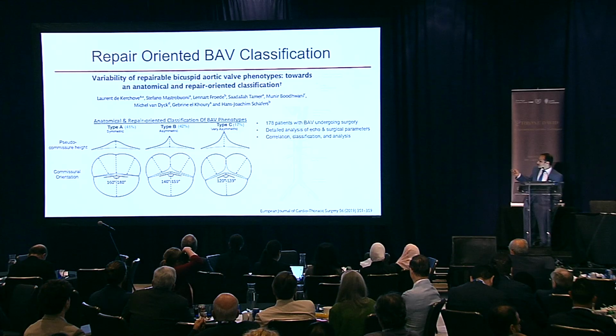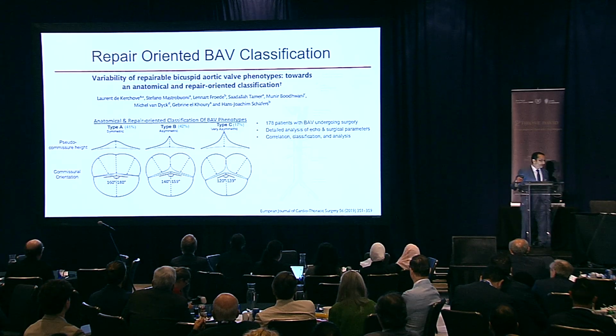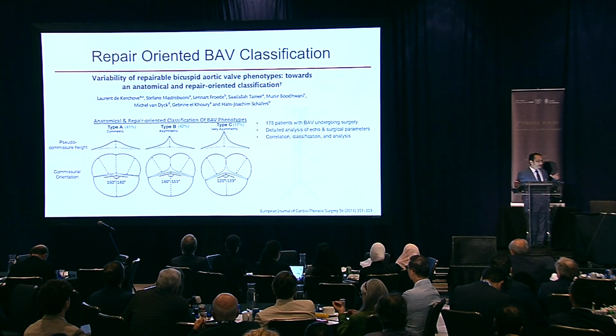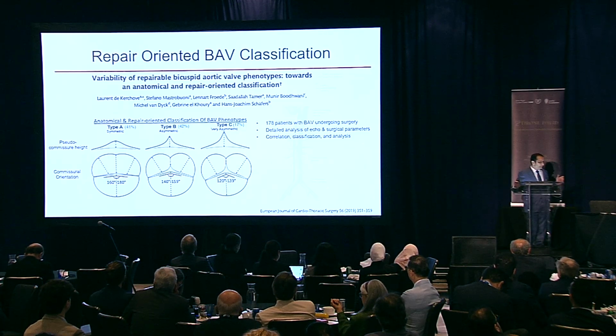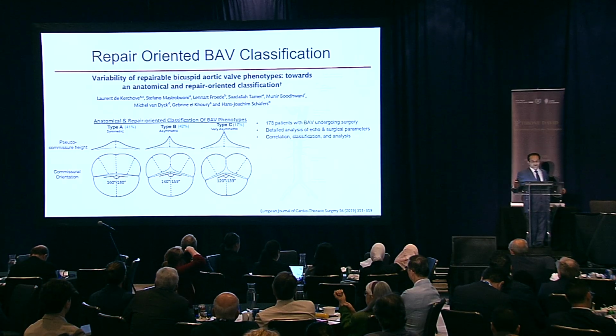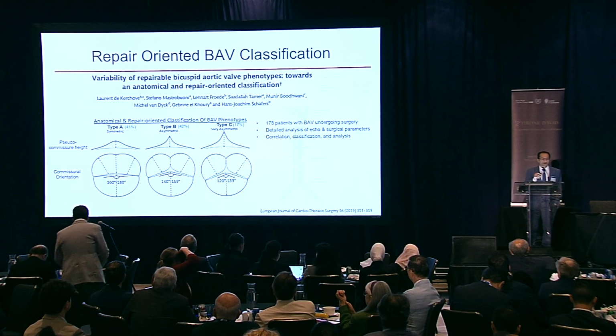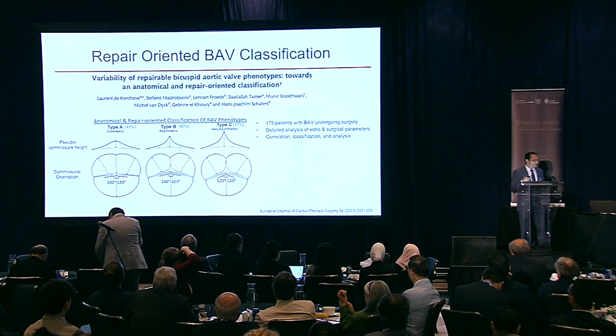Many years later, Laurent published this paper. It's a multi-center series where we were able to characterize the relationship of bicuspid aortic valve commissure orientation with other parameters of bicuspid aortic valve. I think it's important to understand this to determine what type of bicuspid aortic valve repair we need to do.